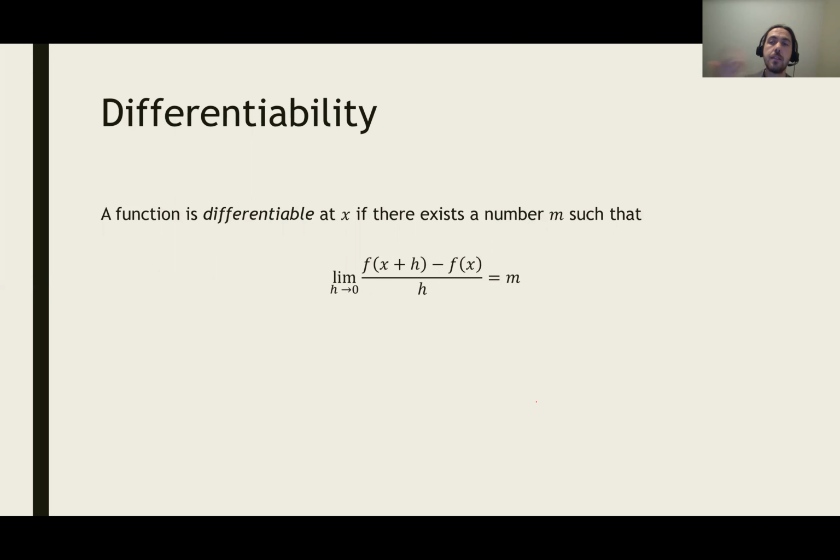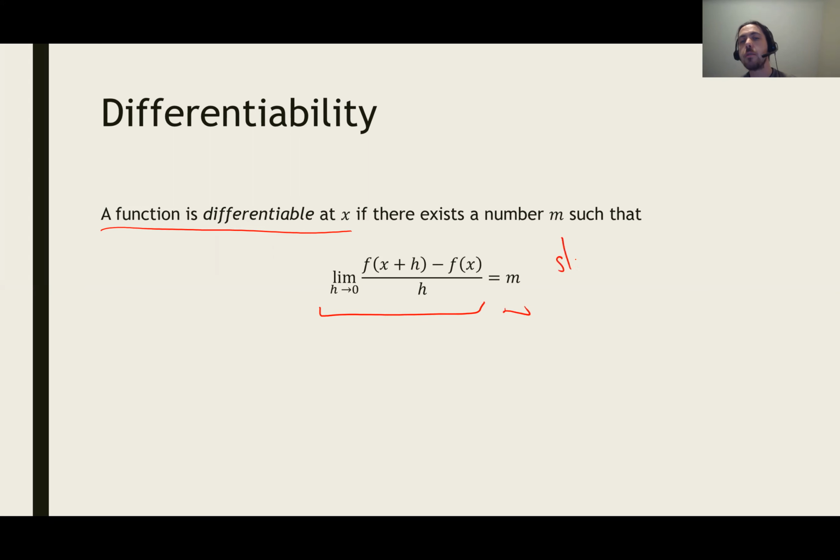But let's talk about differentiability for functions of a single variable first. We're going to shuffle the definition around a little bit so that we can come to a conclusion about how this is going to work in several variables. So the old definition says that a function is differentiable at x if this limit exists: the limit as h goes to 0 of f of x plus h minus f of x, divided by h, is equal to some constant number, m.